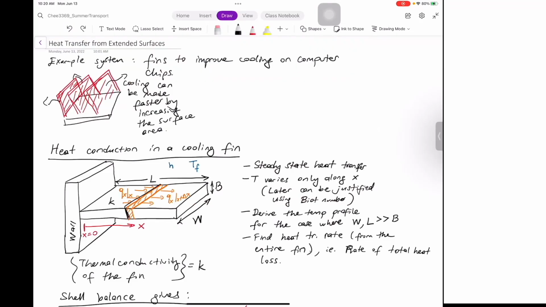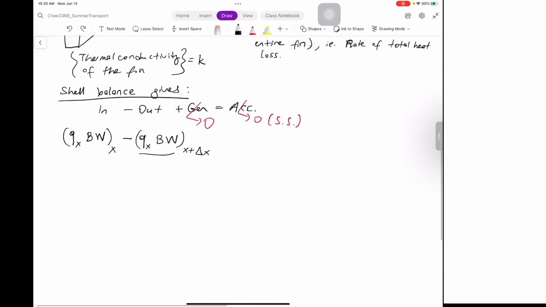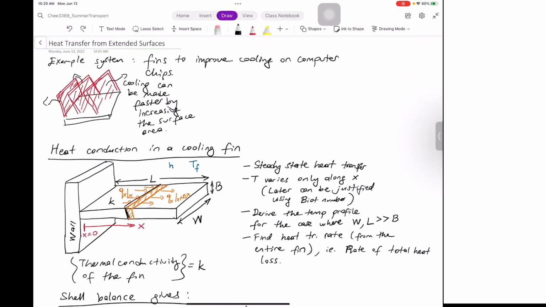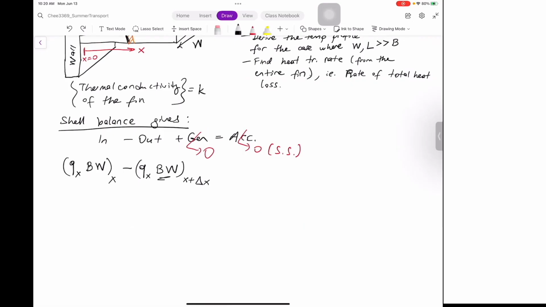But it's always a good idea to keep everything, the flux times area, within the parentheses, because sometimes these terms might actually depend on X. So you would get a different BW for X plus delta X. For example, if you had a fin like this, your shell actually would shrink, and B and W would be a function of X. You would call it BX and WX, and you should definitely have this X plus delta X there.